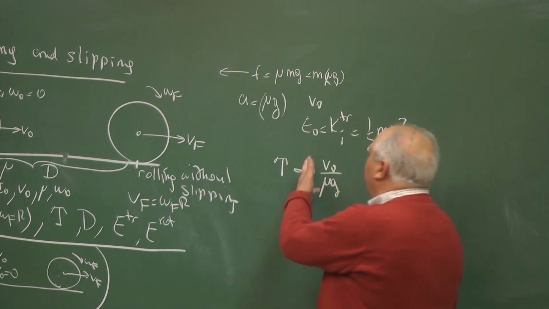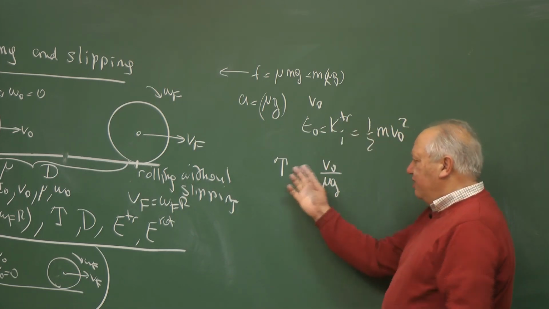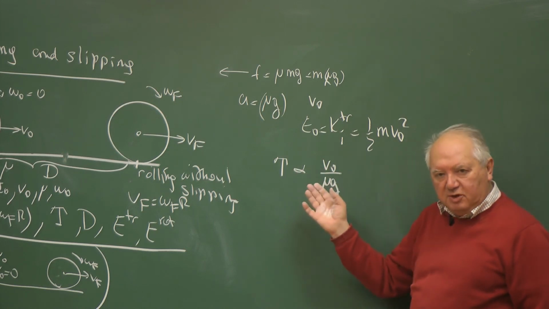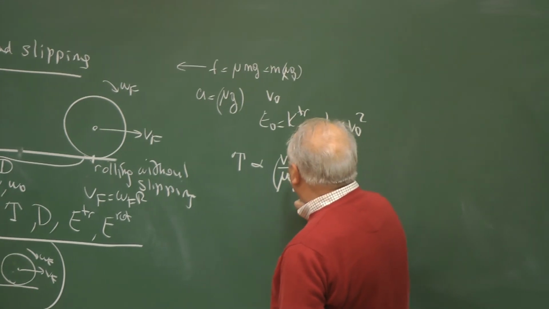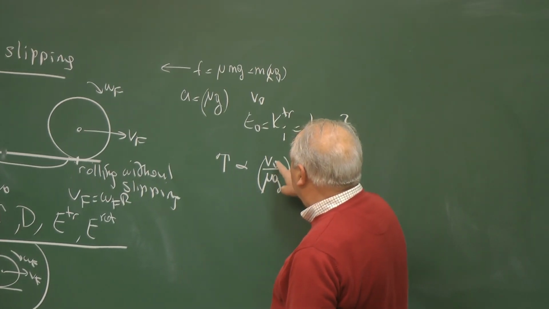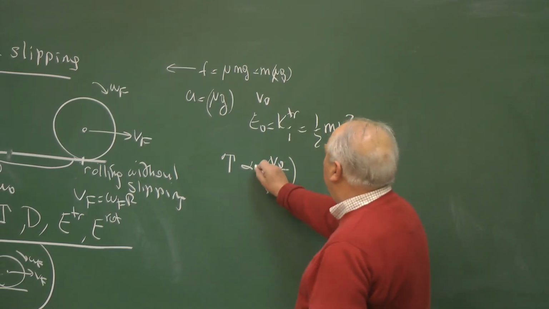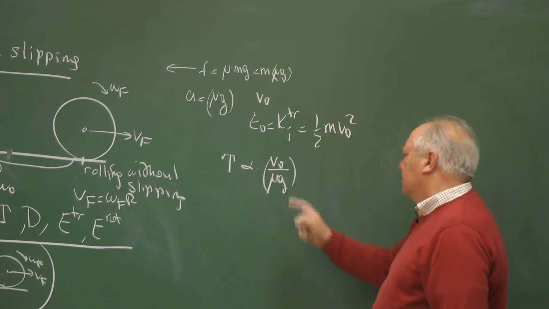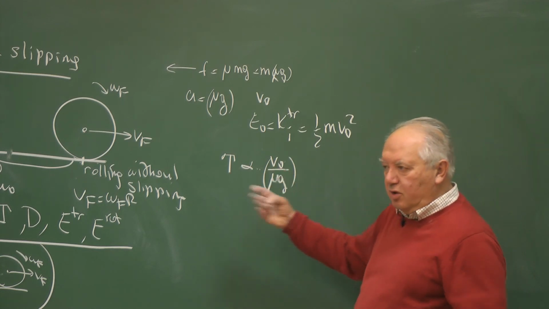It could be 5 or 3 or 1, 2. This coefficient, of course, will be determined by the dynamics of the problem. But it will be something times v0 over mu g. mu g is length over time squared. v0 is length over time. So time flips over. But it is some coefficient times this. And finding the coefficient means solving the equations.